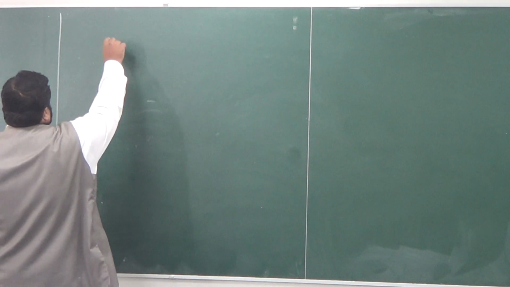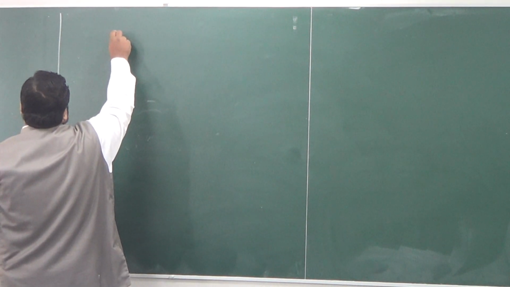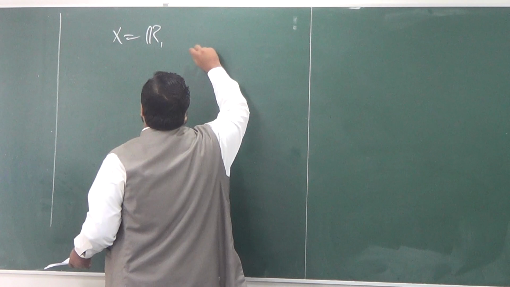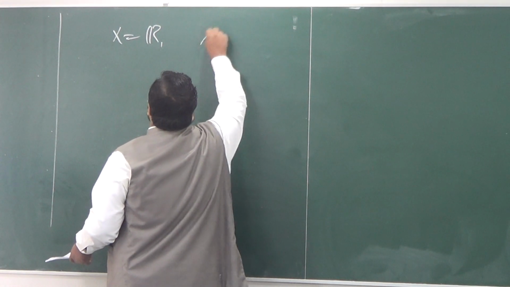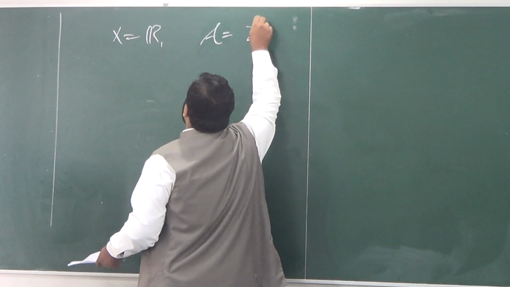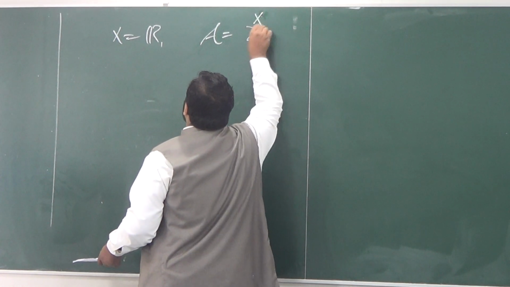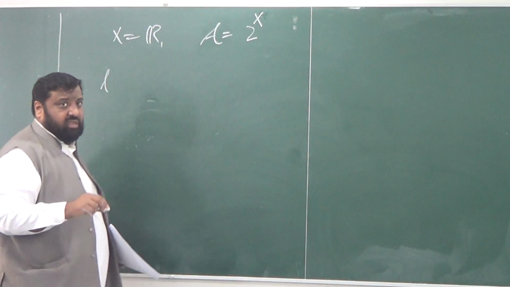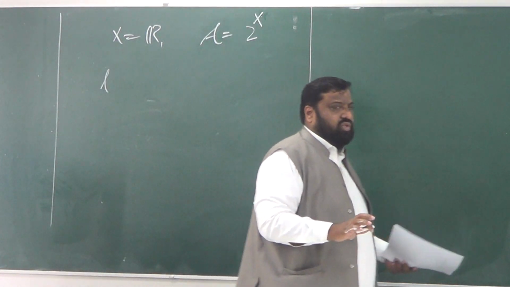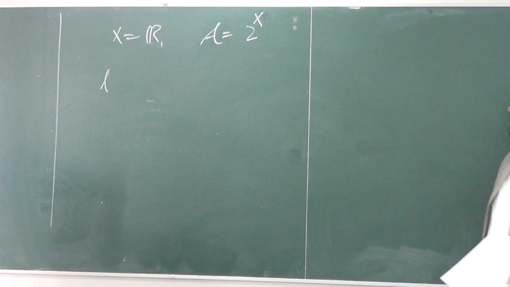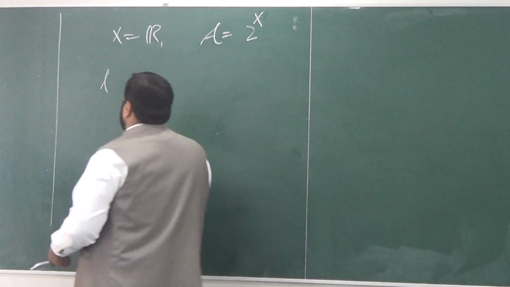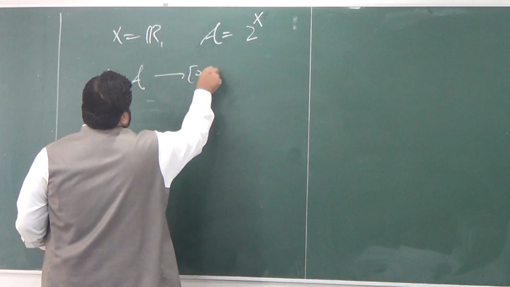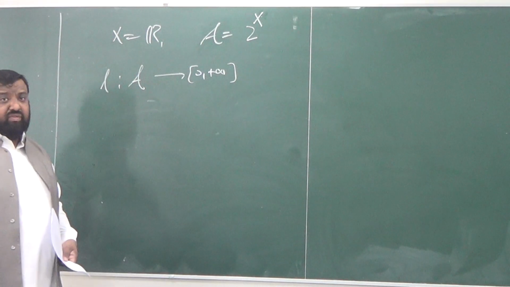For example, if I take X to be R, and I take A to be the collection of all subsets of R, and I take length L as our usual measure, then length is something that takes elements from A and gives you some length of it.